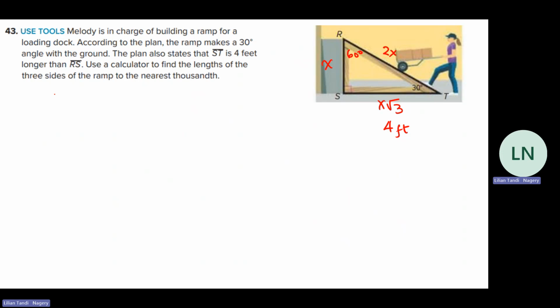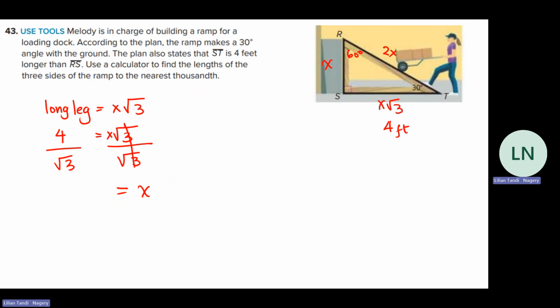So then we will write here. Long leg equals x square root 3. Long leg is 4, which is also the same as x square root 3. So divide by square root 3, divide by square root 3. This goes away. Find x.